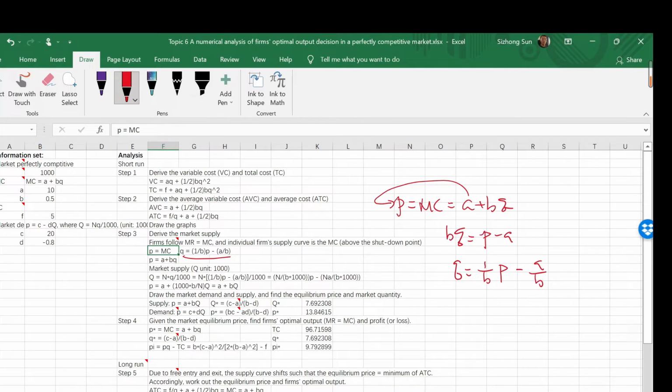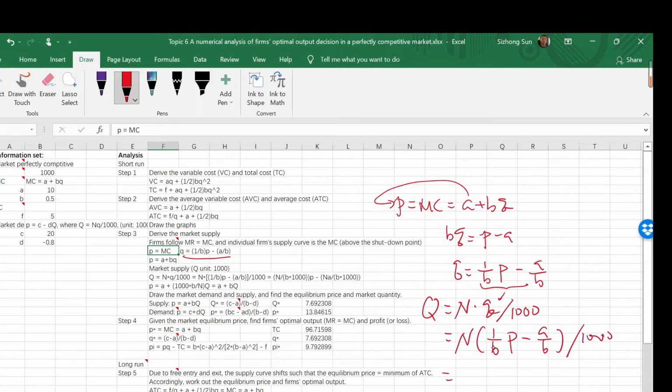So the market supply, big Q, is the number of firms times little q. In this change of unit, let's divide this by 1,000, so the unit of big Q is 1,000 units. So it's N, and plug this one into here: 1 over B times P minus A over B, divided by 1,000.